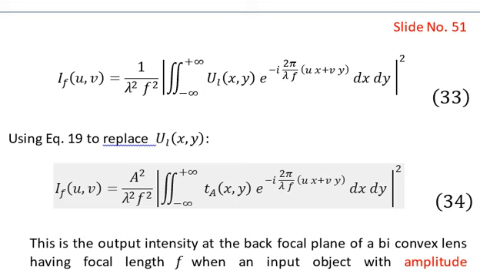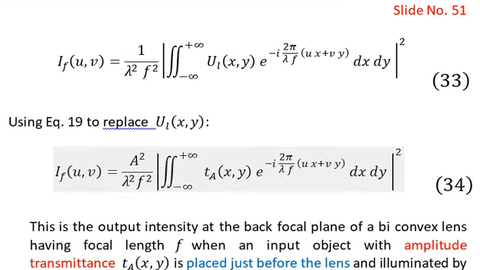So we have now tA of x comma y, and this A on the left hand side, which is A square, is actually the amplitude of the plane wave, which is not of unit amplitude but has amplitude equal to A, normally incident on the object having an amplitude transmittance tA of x comma y, as in equation number 34.